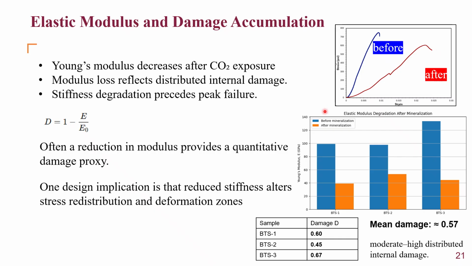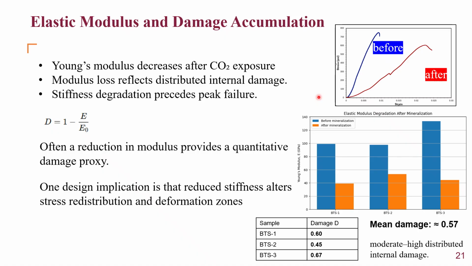The blue curve represents before mineralization, and the red curve represents after mineralization. After calculating Young's modulus, which is the stress over strain for the elastic region, we can see that the Young's modulus decreased after CO2 exposure.